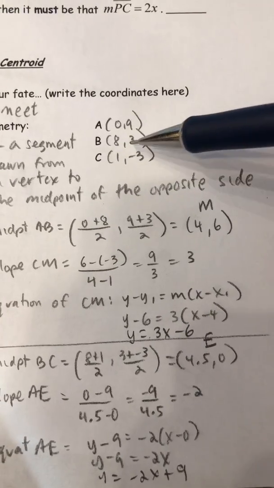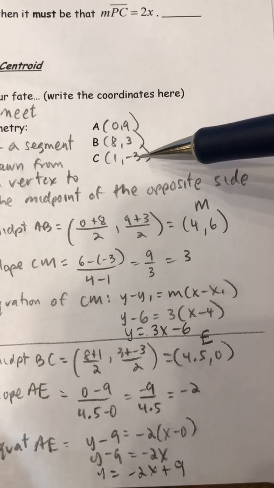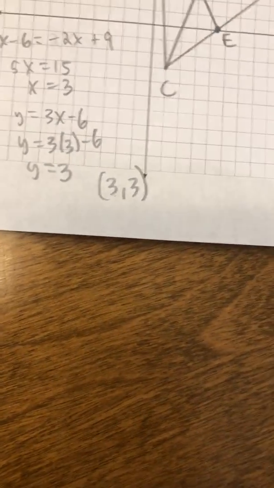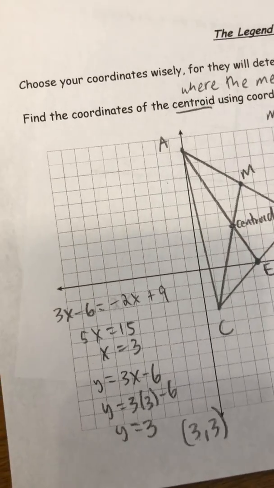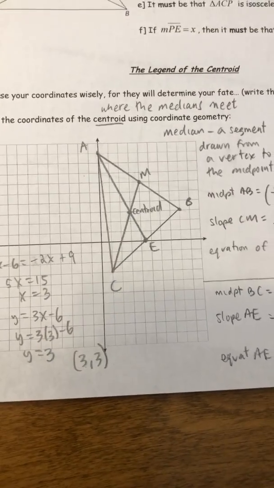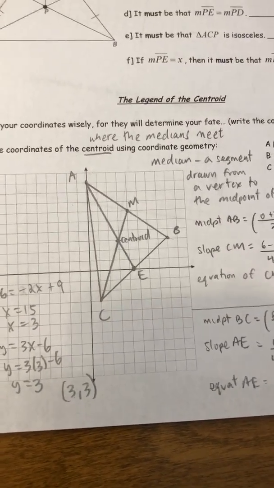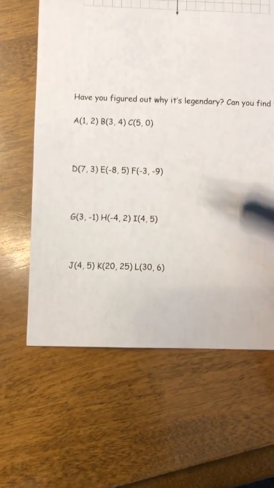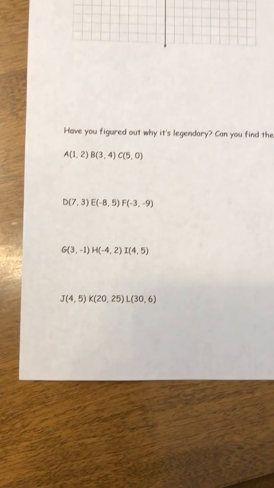And if you did 9 plus 3 plus negative 3, you end up with 9. And 9 divided by 3 is 3. So the trick to finding the centroid is just to take the average of the x's and the average of the y's.